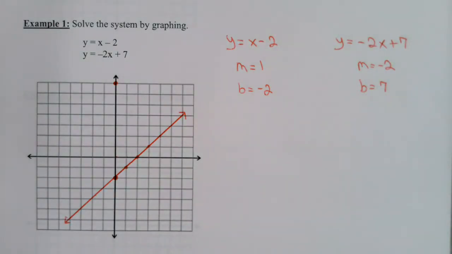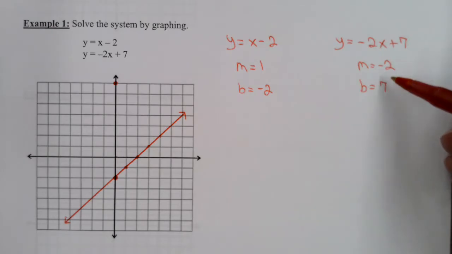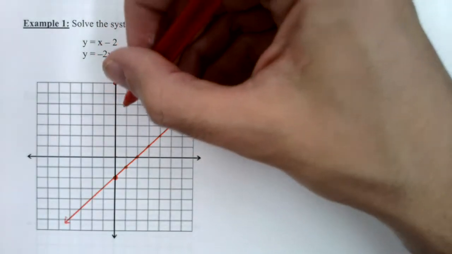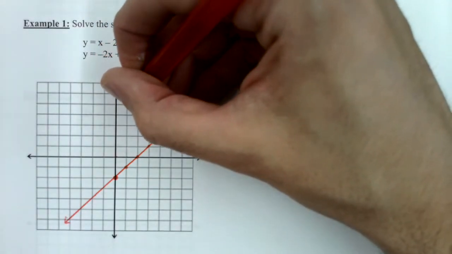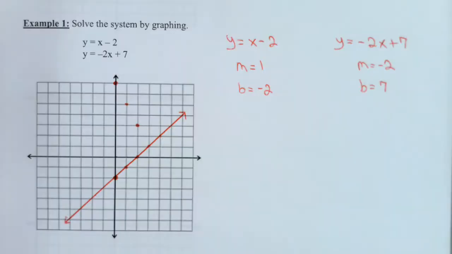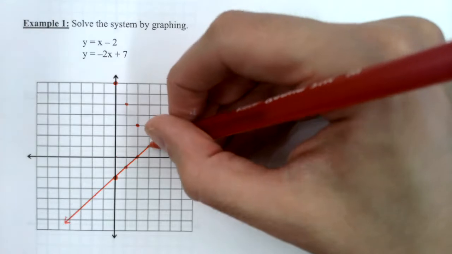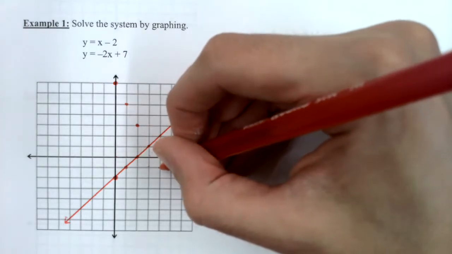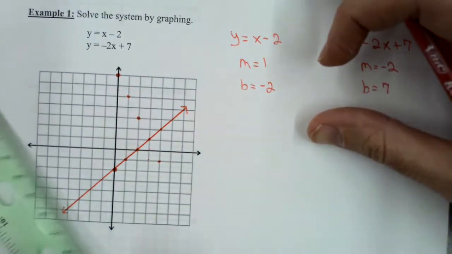The slope is negative 2, so it means go down 2, right 1. Let's do it a bunch of times. Down 2, right 1. Down 2, right 1. And I think that's good enough.